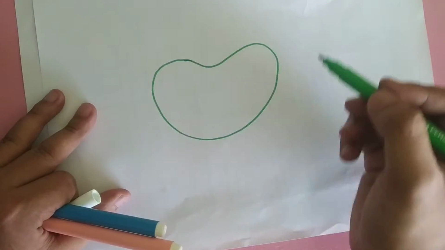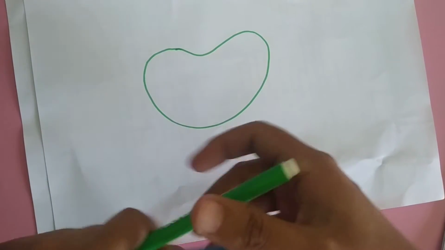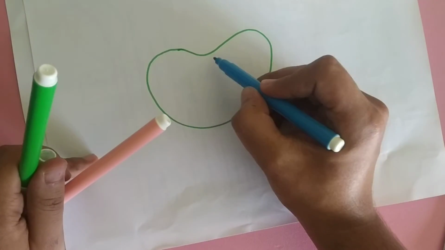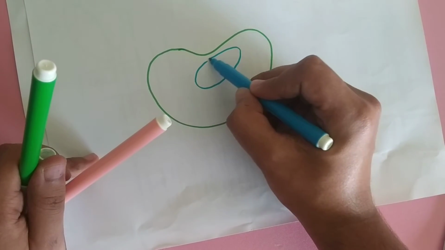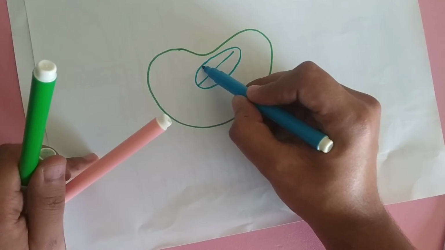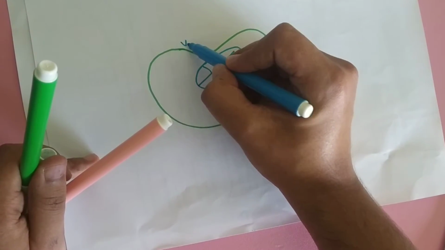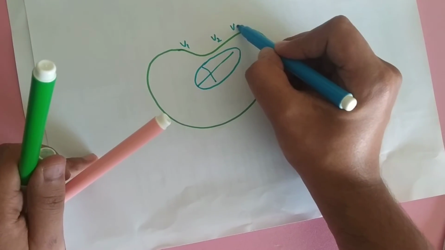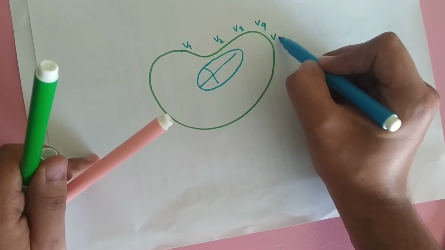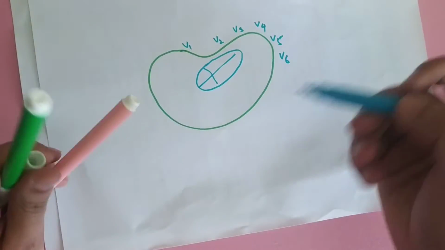So this is the cross section, and our heart is represented like this, and you have your V1, V2, V3, V4, V5 and V6.